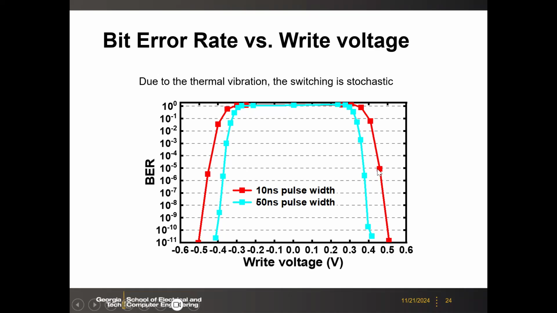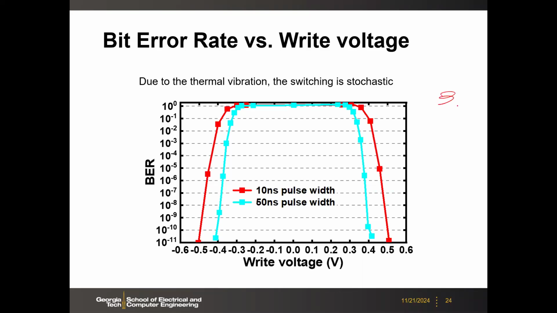But if the write voltage is small, or the current is lower, then the flipping is sometimes successful, sometimes not, right? If you recall this precession, and then if you remove the current, then it will go back. That is called the damping, precession and damping.